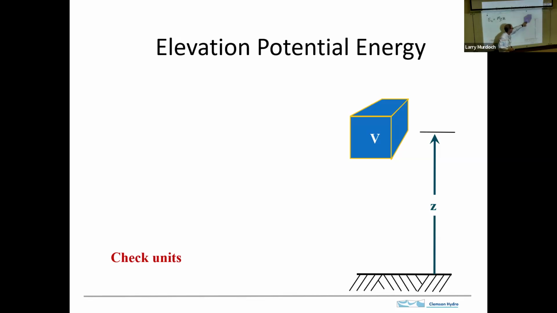So we want the potential energy of that thing. It's a cube, so we have a volume. The density is mass per volume, so we can replace mass with density and volume.